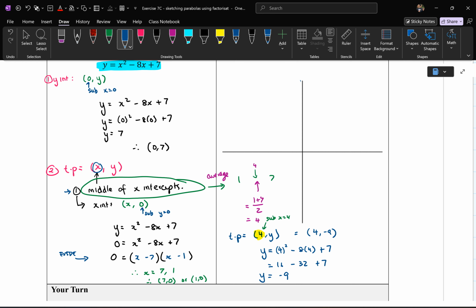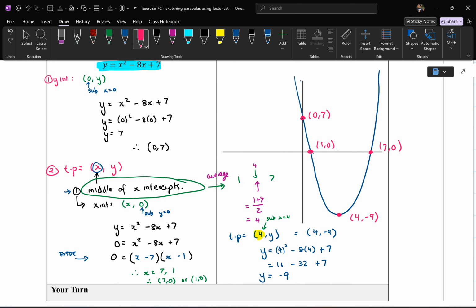So if I were to do it, I would have just done like that. I would have drawn the shape. One quick stroke, something like that. Label the intercepts, and now I can then say 0, 7, 1, 0, 7, 0, and turning point 4, negative 9.